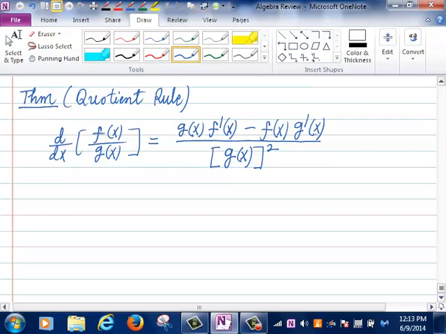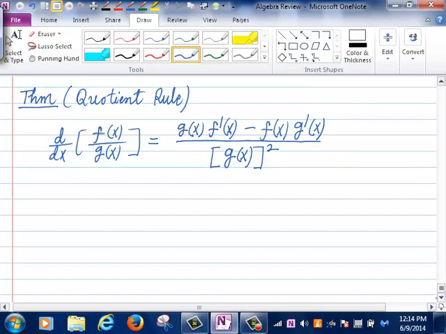So this would be called low D high. D means derivative. So low D high minus high D low, over low low, because we have the square. Is that making sense? Low D high, D means derivative. So you take low times the derivative of high, minus high times the derivative of low, over low low. I'm pretty sure most of you have seen something like that in high school, if you have taken calculus in high school.